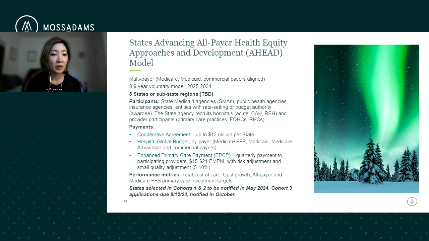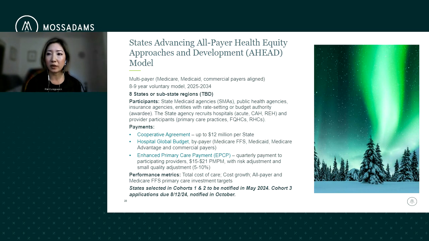And similar to the other payments that are received in other models, this one will also have an upfront cooperative agreement payment that will be given to these state agencies, and this will help the state agencies set up the infrastructure to ensure the success of this model.